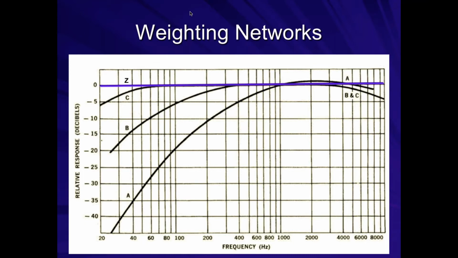Okay, so why do you think that section from say 400 to 4,000 is the one that we're most sensitive to? What takes place in that range? Like rock, oldies, rap, what takes place in that range? Music, speech. Speech, bingo.